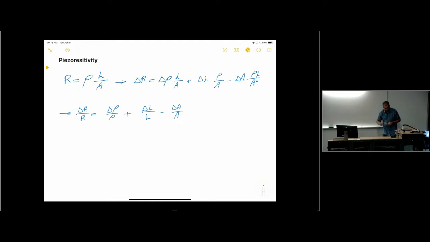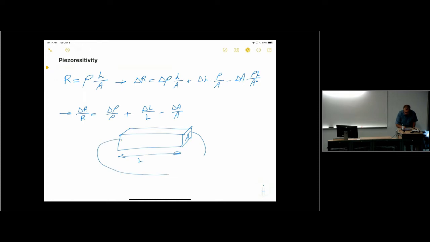And now, let's look at the case where the change in resistance is because of a strain I have applied to this resistor. So this is the resistor that I start with. I have some cross-section, which could be anything as long as it is constant along the length of this resistor, and this is the area A, and I'm measuring the resistance from these two ends of this device.